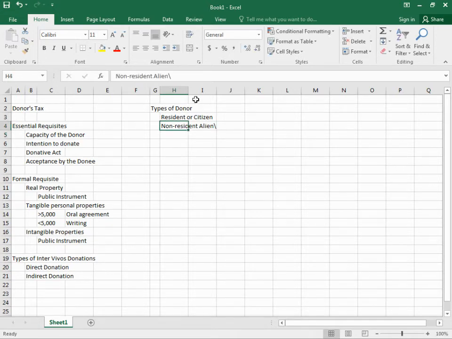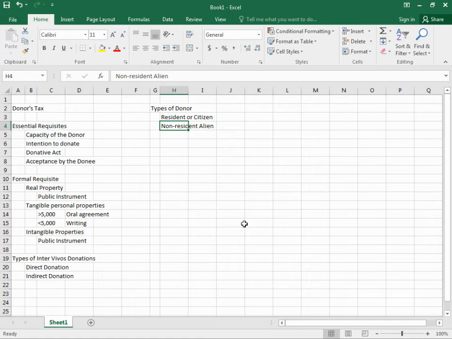So, kapag resident or citizen, pag sinabi natin resident or citizen, basta meron yung word na resident or citizen dun sa classification niya, lahat ng donation niya globally will be subject to donor's tax. Okay? While, if the classification is a non-resident alien, yung donation niya lang ng property within the Philippines will be taxed.